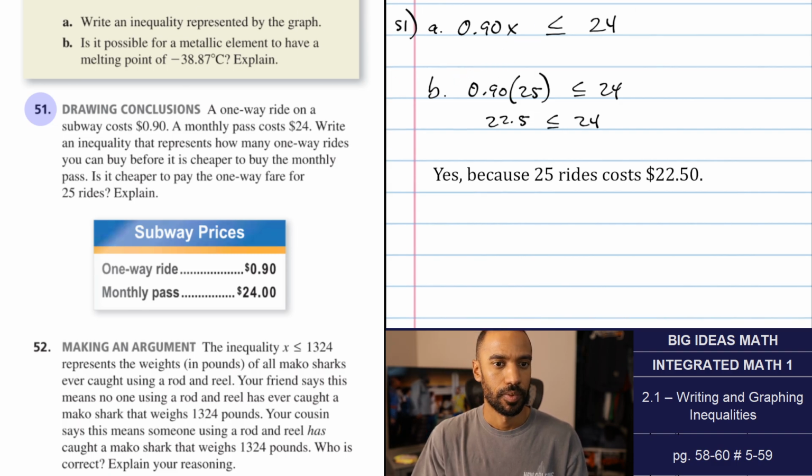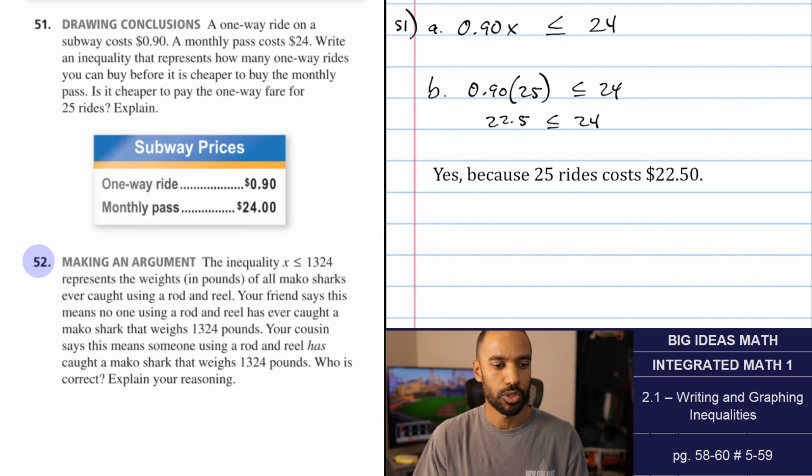Number 52, making an argument. The inequality x is less than or equal to 1,324 represents the weights in pounds of all mako sharks ever caught using a rod and reel. Your friend says this means no one using a rod and reel has ever caught a mako shark that weighs 1,324 pounds.